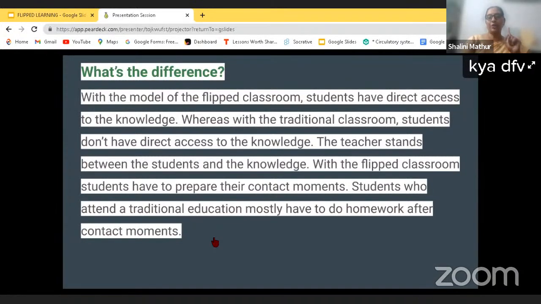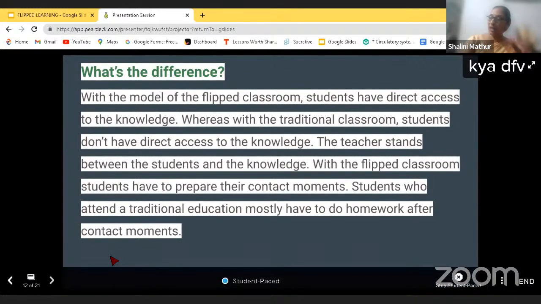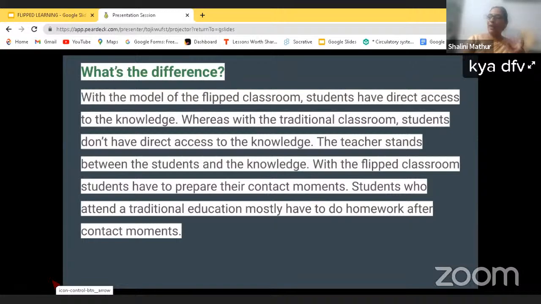So when you are doing flipped learning, students will learn as per their understanding. This will help you as a teacher also. You will come to know the level of understanding, find out the learning gap, and find out the difference between your objective and the outcome.